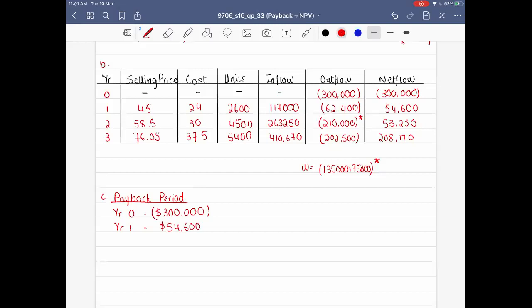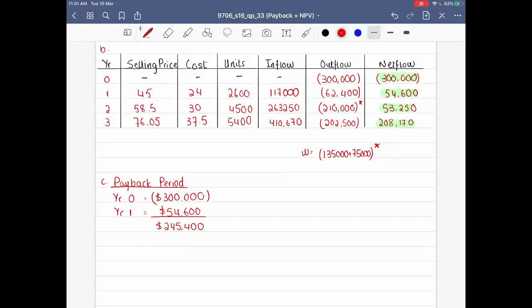So 300,000 में से 54,600 का amount हमने recover कर लिया. So the remaining leftover is 245,400. Next. This is negative 245,400.